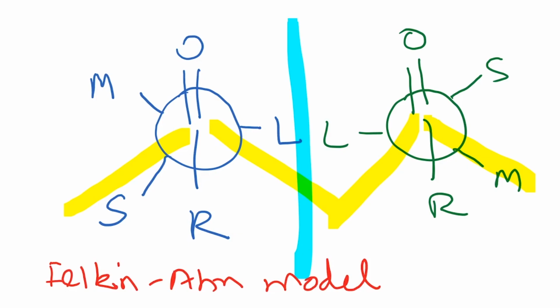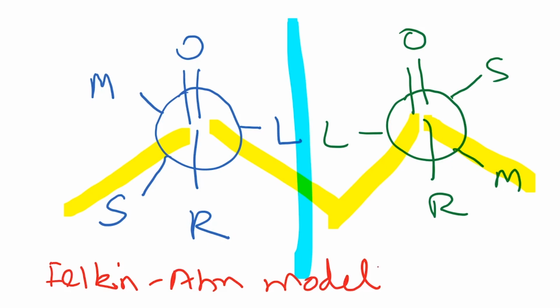This is the most reasonable and well studied model which helps us understand additions to carbonyl compounds, and it has been figured out using a lot of experimental data. Therefore, this model is the one that we would recommend that you follow to predict the major product.